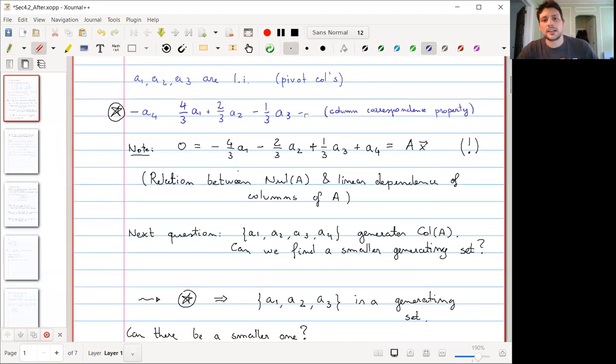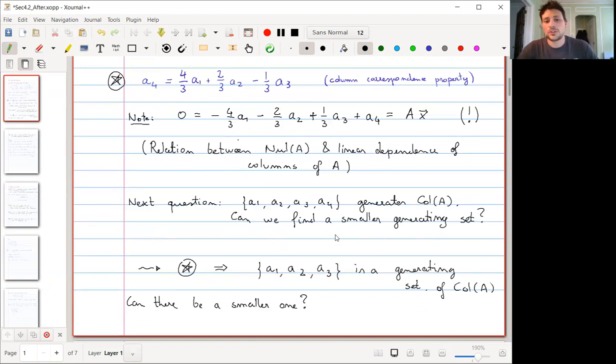Let me rewrite it as we initially had it written. A4 is equal to 4/3 A1 plus 2/3 A2 minus 1/3 A3. This tells us that we can generate A4 using just A1, A2, and A3. In other words, A1, A2, and A3 is a generating set of the column space of A, which is smaller than the initial one we had with A4.